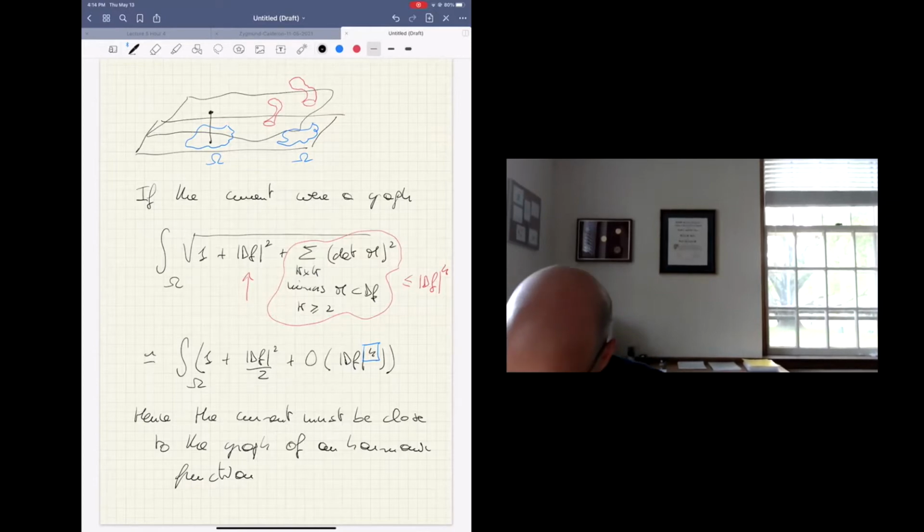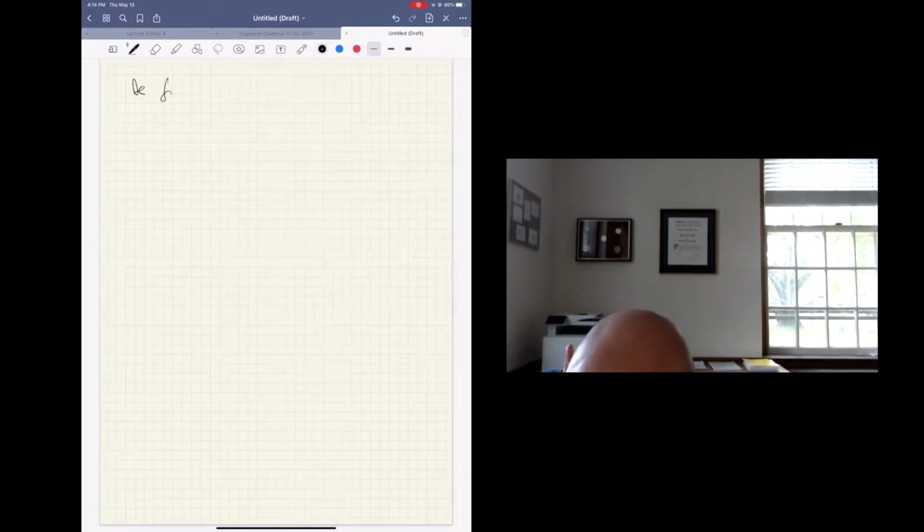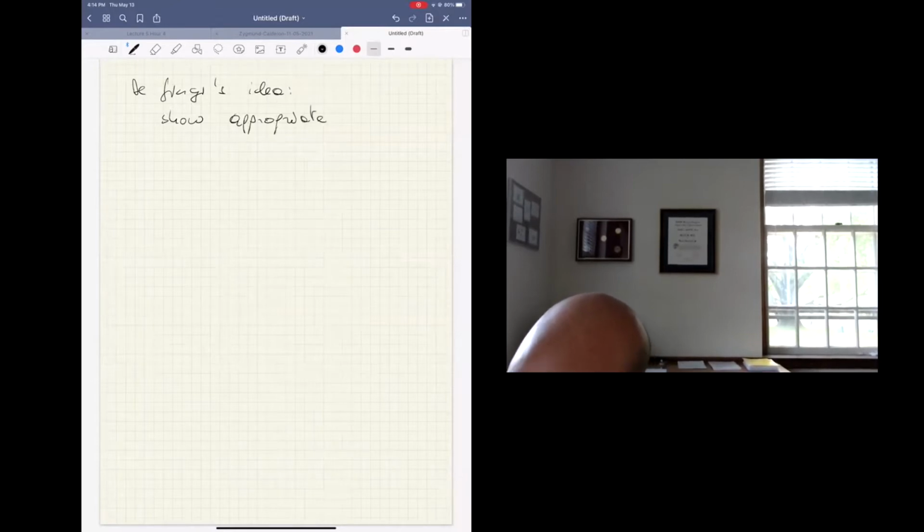And these decay properties give you a C1 alpha regularity. So De Giorgi's idea is to show appropriate decay properties of some integral quantity.